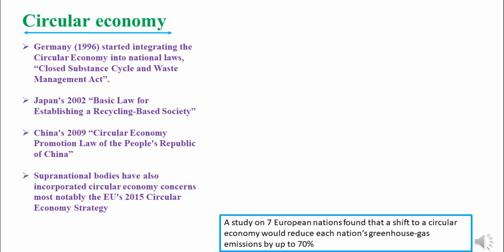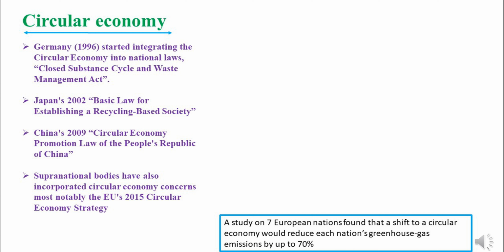So circular economy has been applied since quite a long time. Germany started it in 1996. They started applying it in their national laws as Closed Substance Cycle and Waste Management Act. Japan started in 2002 as Basic Law for establishing a recycling based society. China did it in 2009, saying Circular Economy Promotion Law of the People's Republic of China.